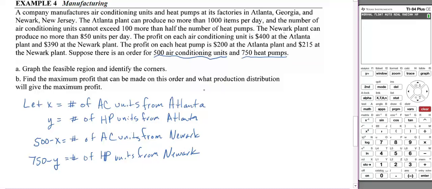Okay, so now we can start working on our constraints.